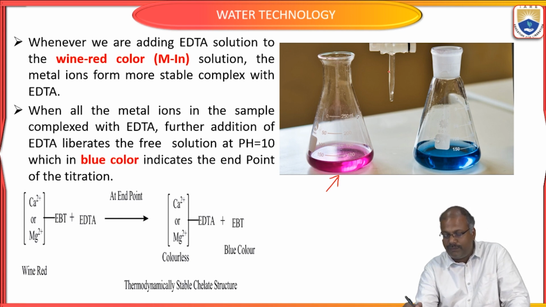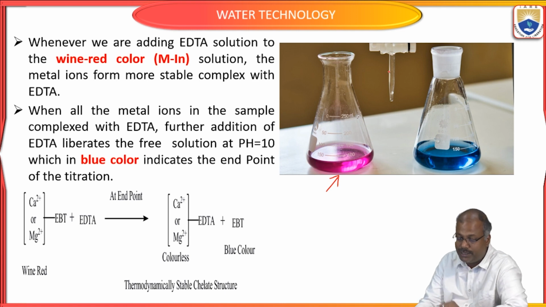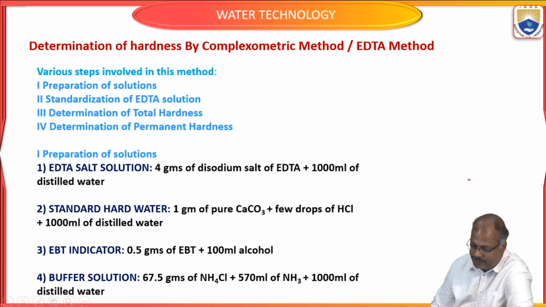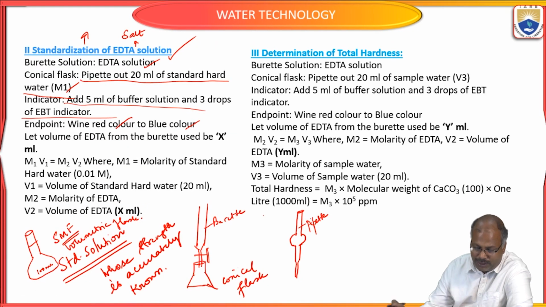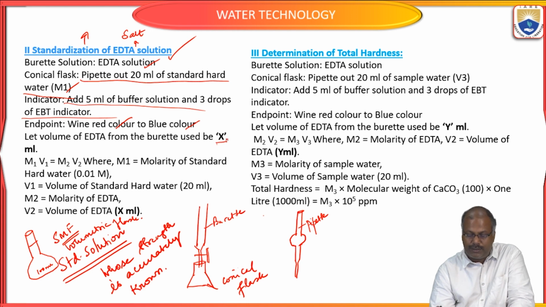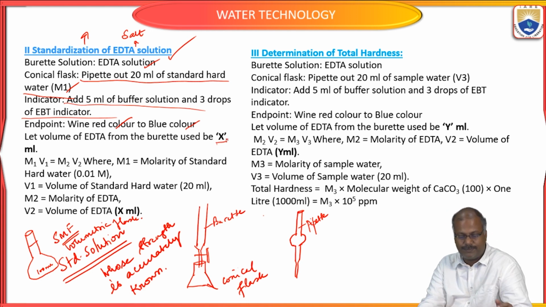We have to titrate with EDTA, disodium salt of EDTA solution from the burette, till blue color comes. At the moment blue color comes, we have to stop. This is the end point of titration. Let the volume of the burette used be X.